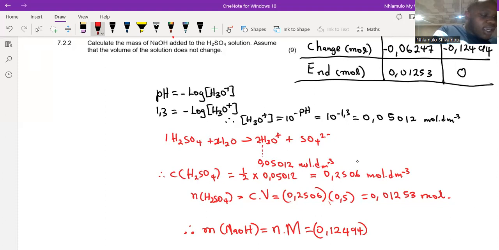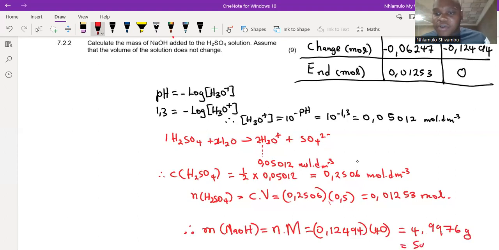So it's 23 plus 16 plus 1. That will give us 40. So we've got 40 times 0.12494. Then this one will give us a mass of 4.9976 grams. That is equivalent to 5 grams.